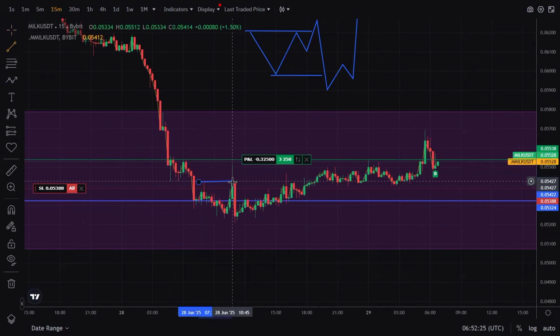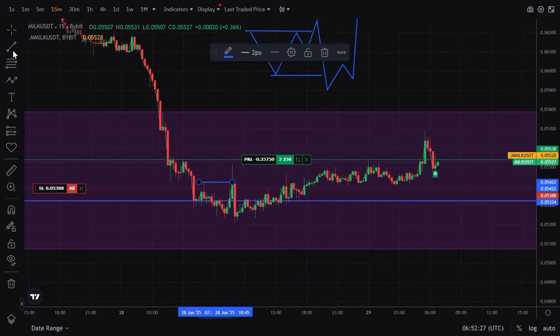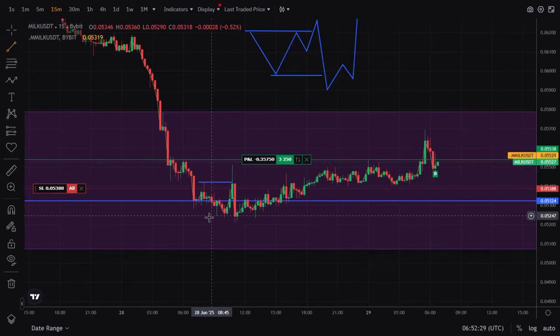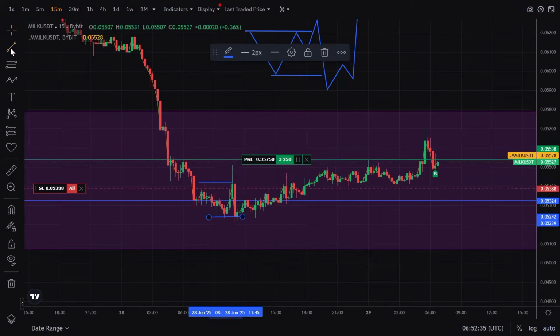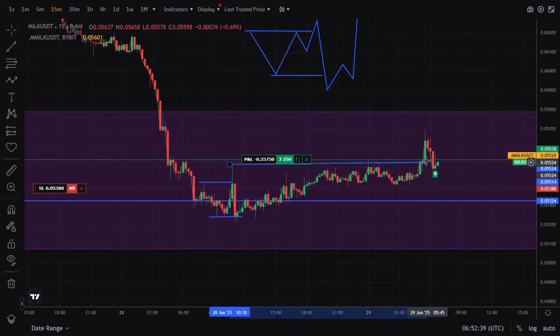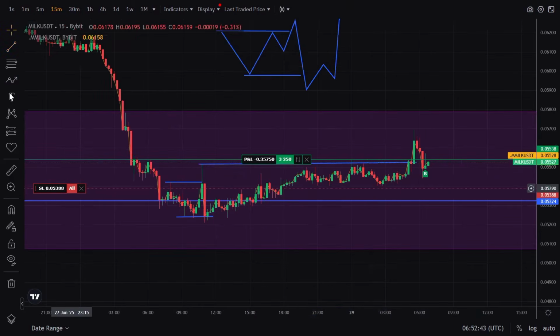Look at this. That's what we have right here. Now look at this. Guess what happened next? Price broke structure with high momentum. So here is going to be our order block.